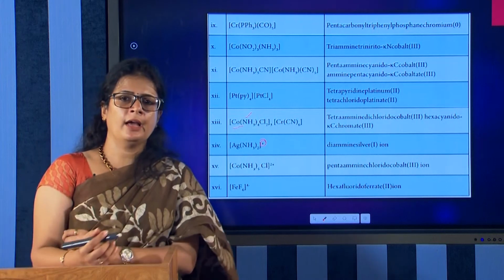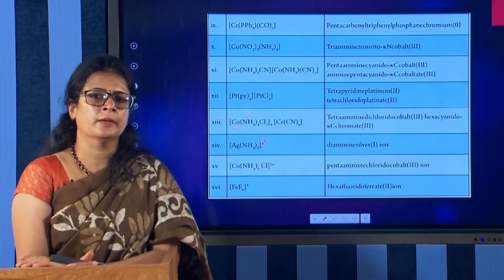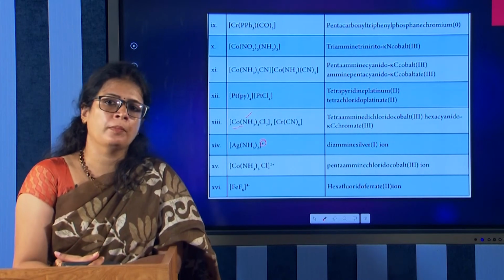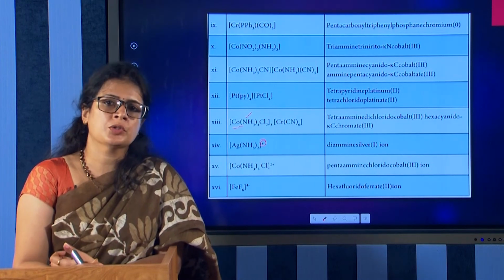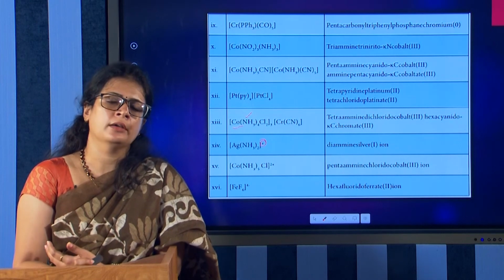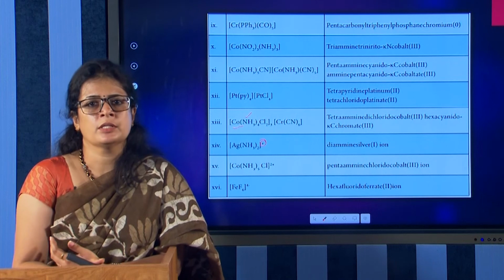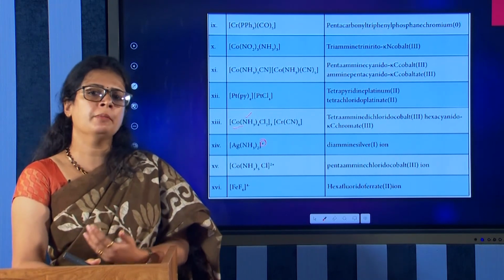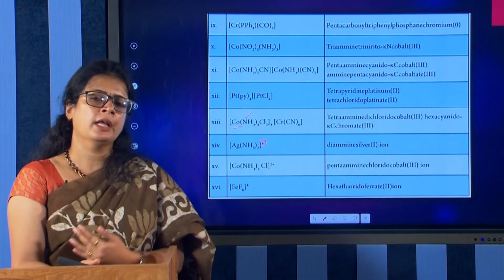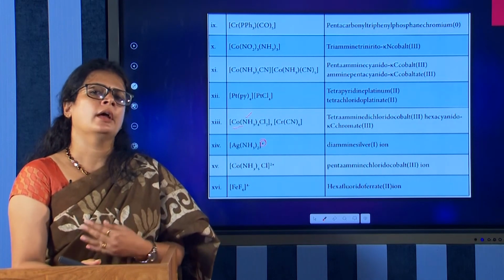And in this class we have discussed the several rules of naming the coordination compounds, which were introduced by IUPAC, and all these rules are very important to study, because to name a complex, it is very necessary to know the rules one by one, and you have to follow these rules accordingly.